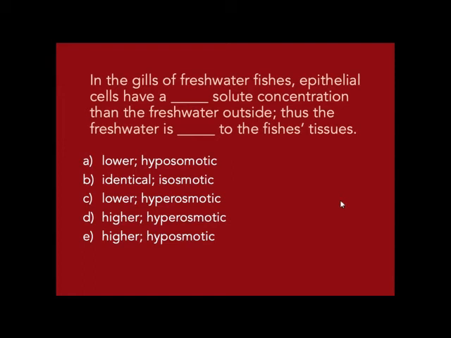Yeah. So do they have a higher or lower solute concentration? I guess higher. Okay, so they have a higher solute concentration. So the fresh water is blank to the fish's tissues: hyperosmotic, isoosmotic, or hypoosmotic. Hypoosmotic. Yes.